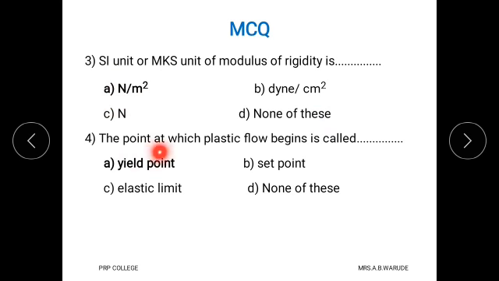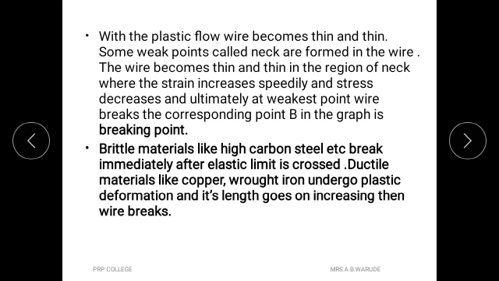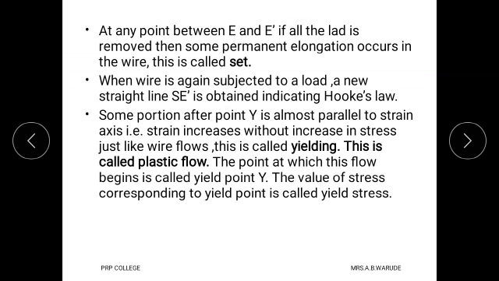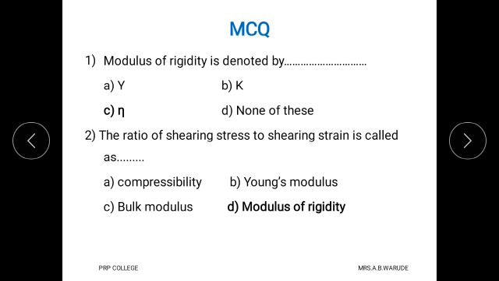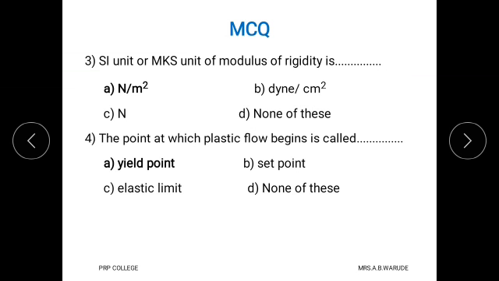Question 4: the point at which plastic flow begins is called. See here, the point at which plastic flow begins is called the yield point. Therefore the correct option is A, yield point.